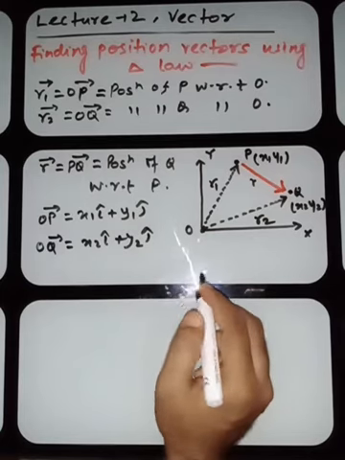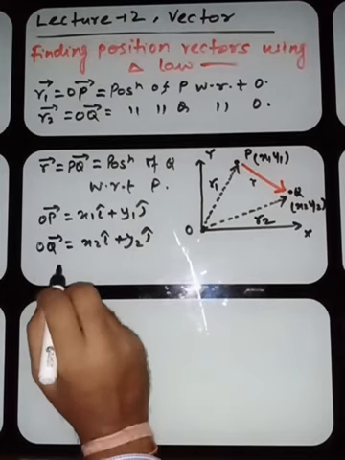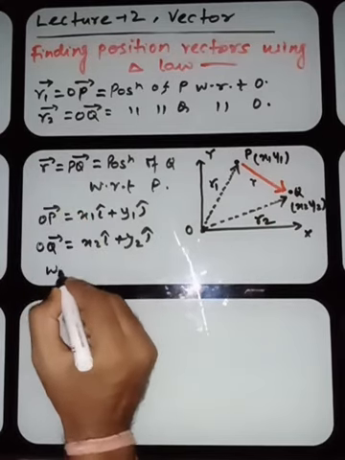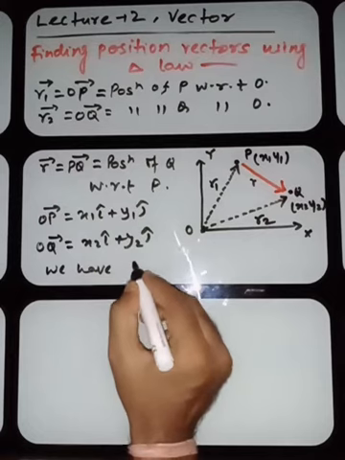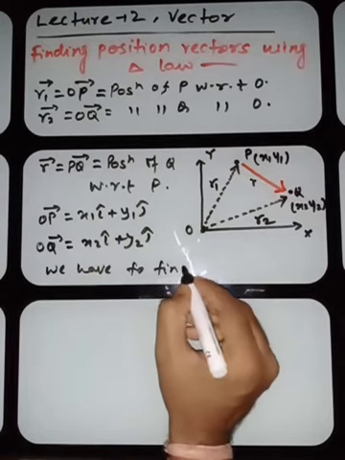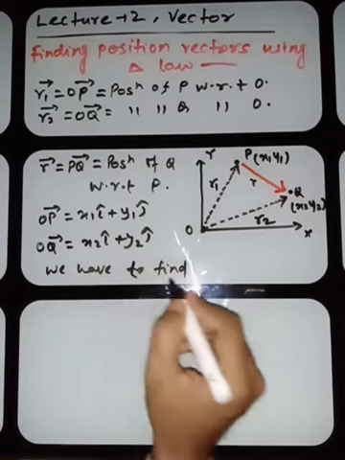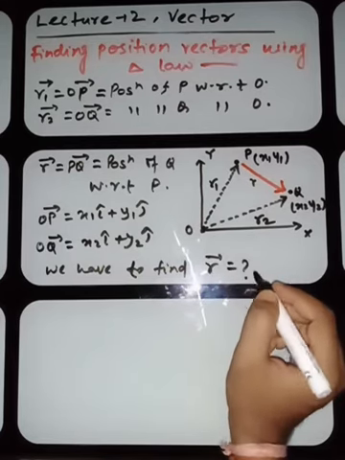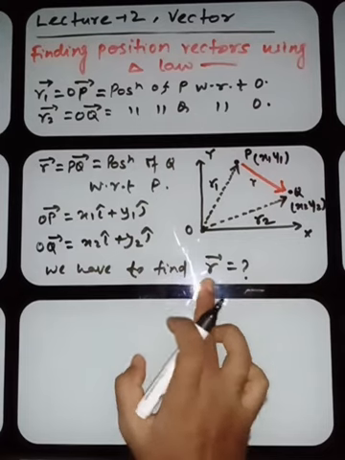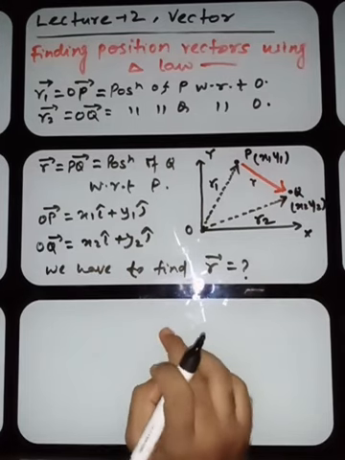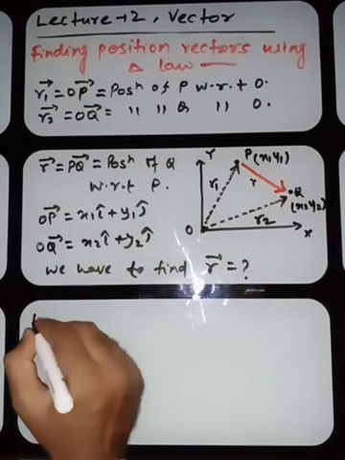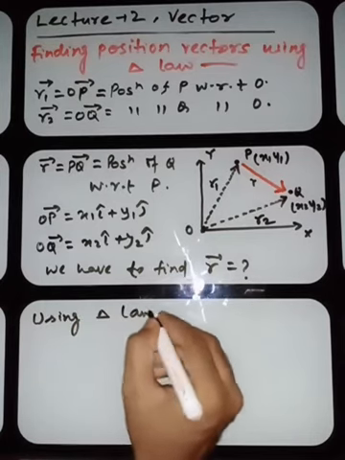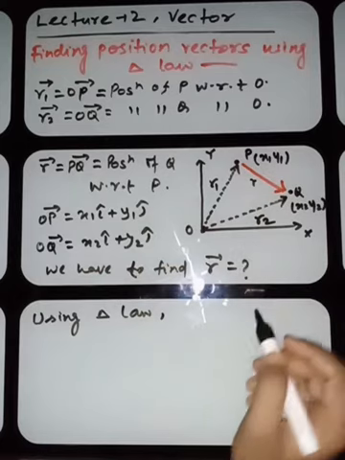Now this is R1 and R2, but we have to find R. How? We are going to utilize the vector triangle law. Look carefully at the diagram.